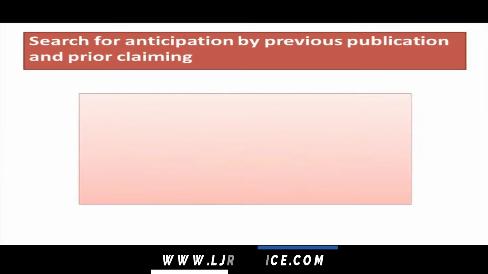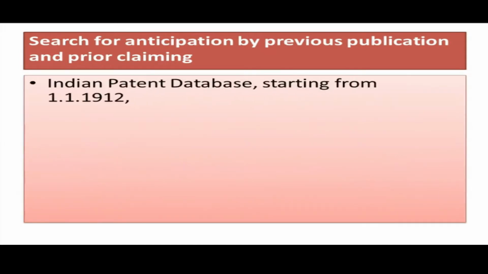So if it is prior claimed or prior published, then there is no patent. To examine whether it is previously published or previously claimed will be examined by the patent examiner in the patentability search document. And moving further with this, now you have the Indian patent database starting from 1912.